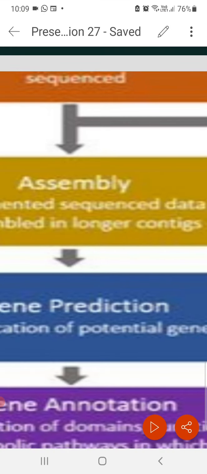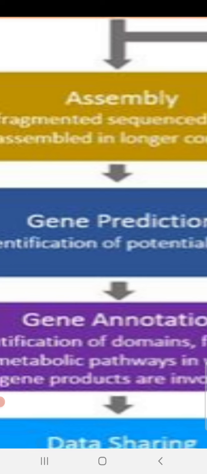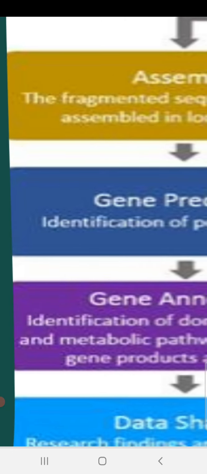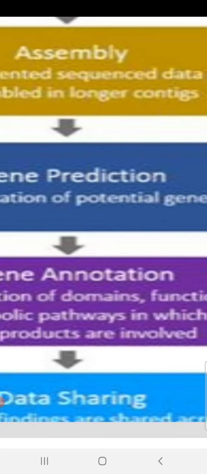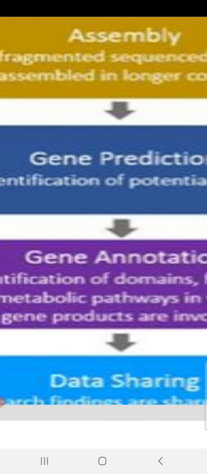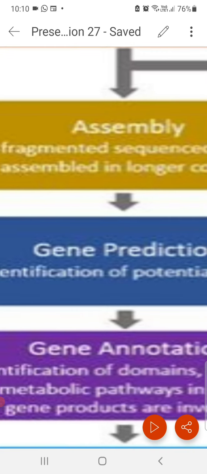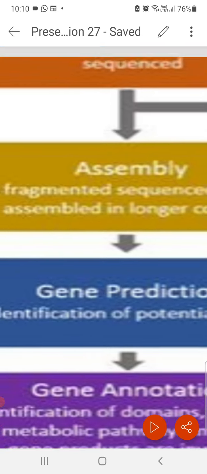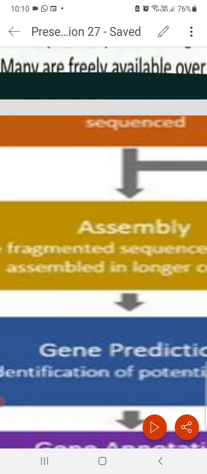That means after assembly, which particular DNA sequence has to be followed by the next sequence is essential, and that has to be accurately assembled. Only then can the prediction of the gene and the identification of potential genes be done. So the identification and prediction of genes is done only when the assembly is correct, and the assembly will be correct when the first step of sequencing is correct.